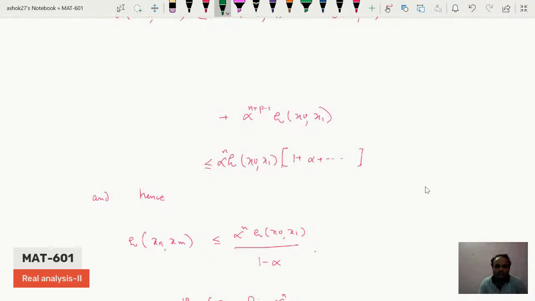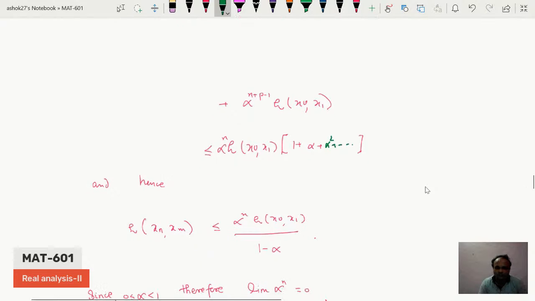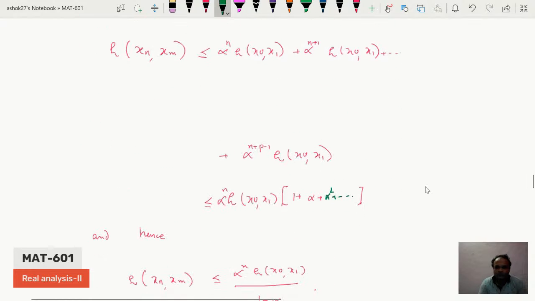Here you can take alpha^n rho(x0,x1) common from each term, so in the bracket it will be 1 plus alpha plus alpha squared plus up to alpha^{p-1}.